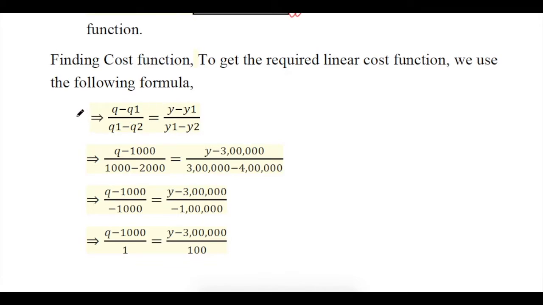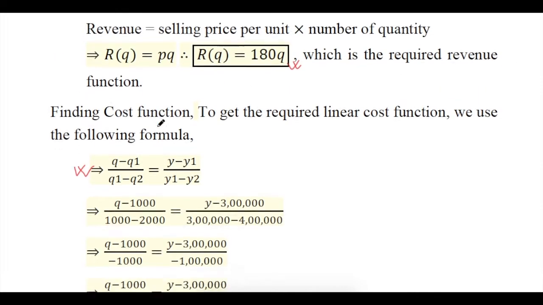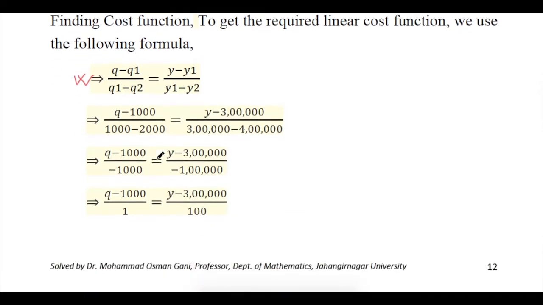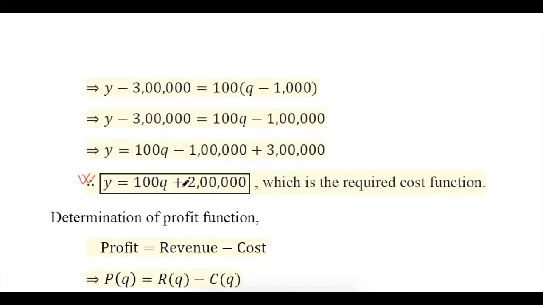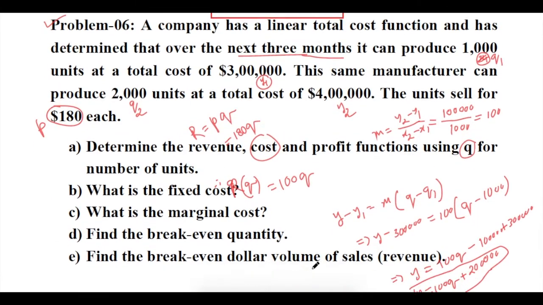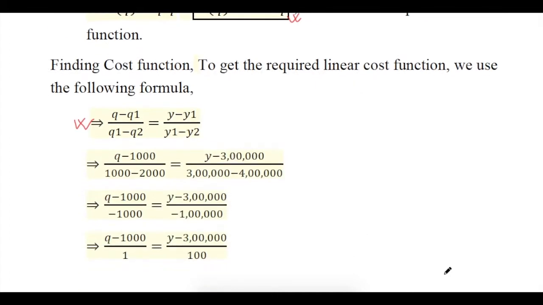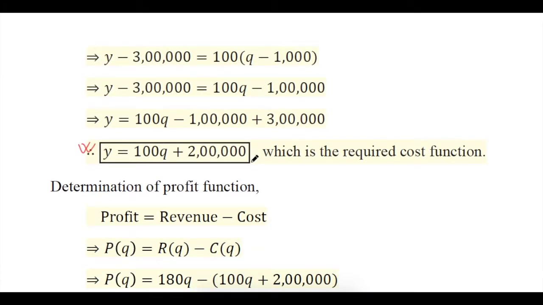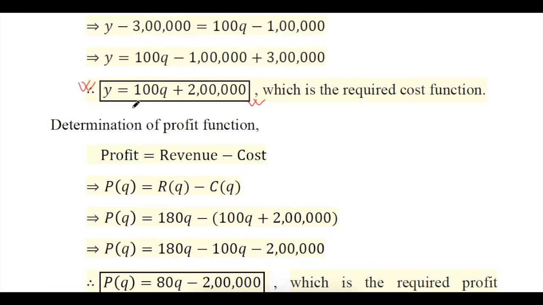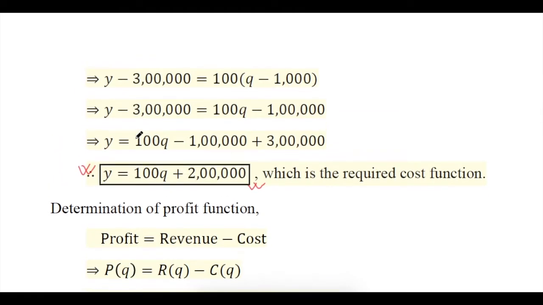In this sheet I have chosen the second formula. Directly you can use 2 points in this formula, then you can also calculate the cost equation or cost function. That will be exactly the same as what we found here, y equals 100Q plus 200,000. So this is our cost function, and this is our revenue function.